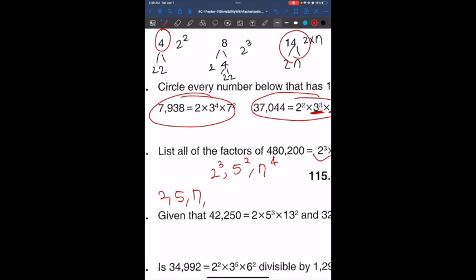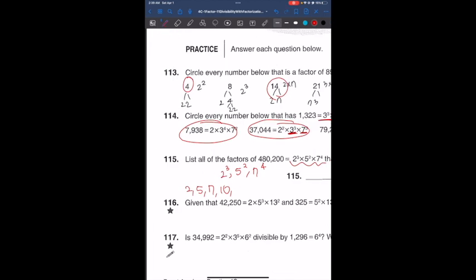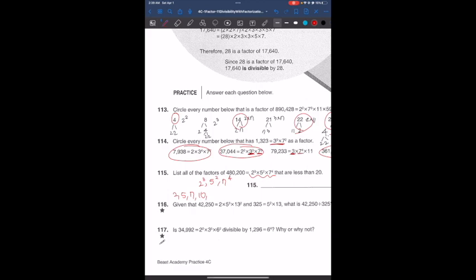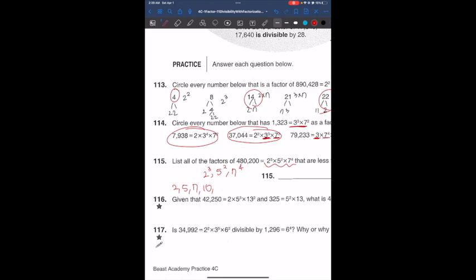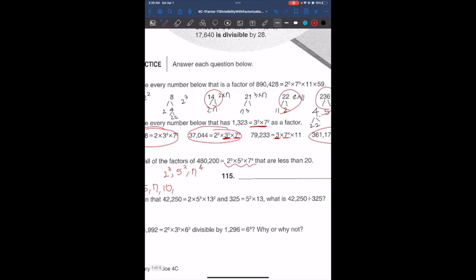And then we're going to multiply 2 times 5. That's going to give us 10. And also, even though it's not given, we always know that 1 and itself is a factor of any number.